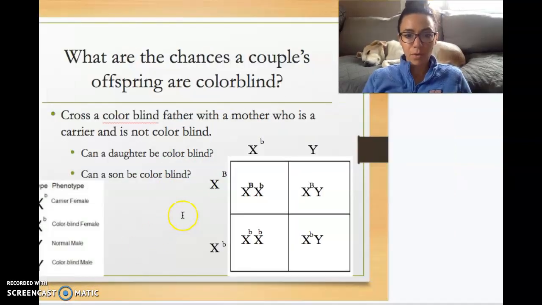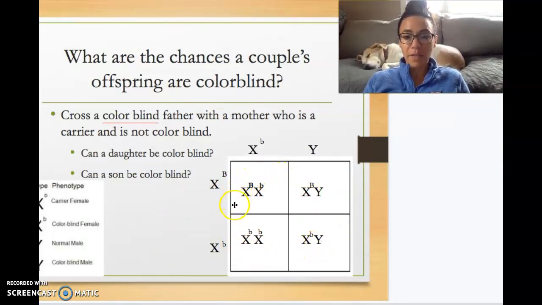Okay, so if you did it like this, you are correct. Now let's try and think about what the phenotypes for these individuals would be. Remember, color blindness is on the recessive allele, so the small letter. These two individuals are females. These are males, right? Females are XX. So these individuals here would be females who are carriers. So these girls would not be colorblind.